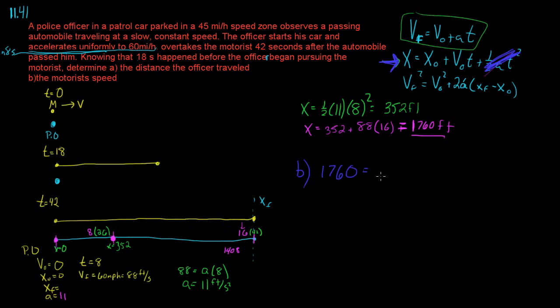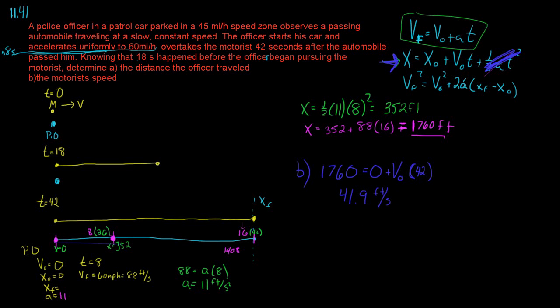His initial position was 0, and his speed is constant, so it's also his final speed, times the entire interval, which is 42 seconds. So it's 1,760 divided by 42, and he's moving at 41.9 feet per second.